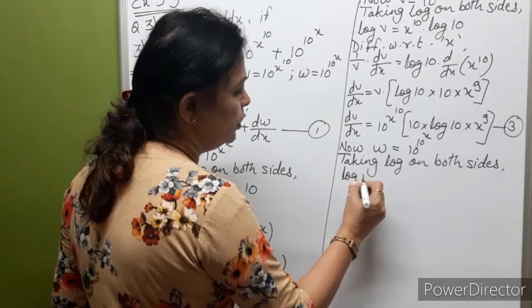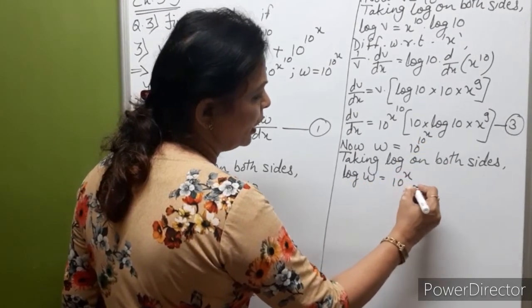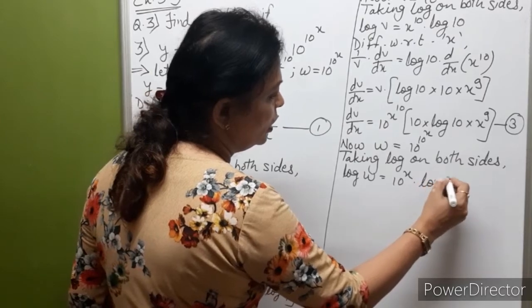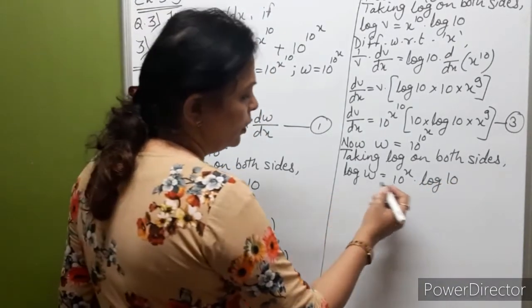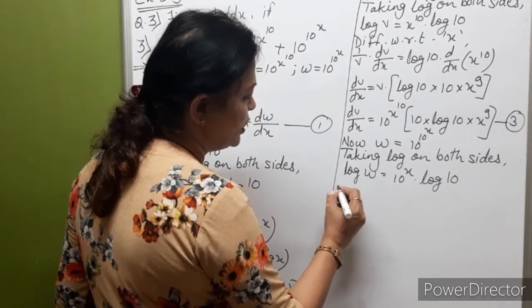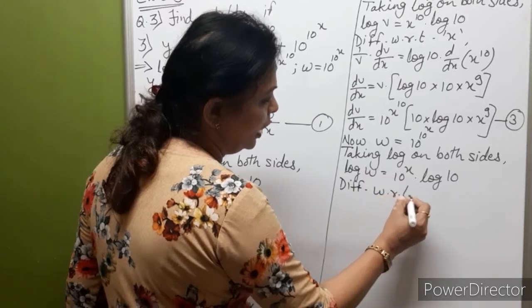Log w is equal to, now here this 10 raised to x will come for the multiplication into log 10. Correct? So differentiate. Differentiating with respect to x.